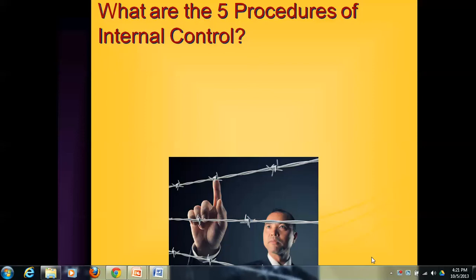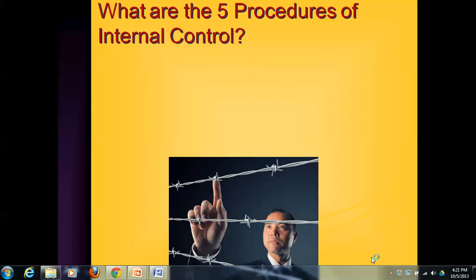We are now ready to move on to a new area of the chapter, which has to do with something called internal controls. As this picture shows, the analogy holds here, where this could be some employee and there's some barbed wire stopping him from doing something. That's essentially what internal controls are in a company.